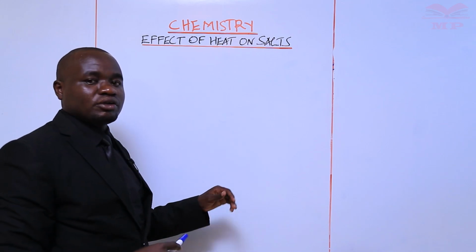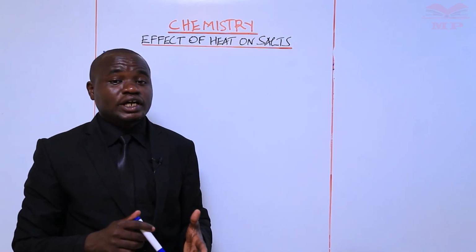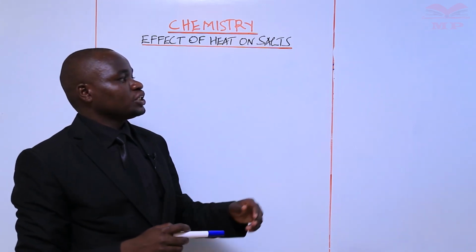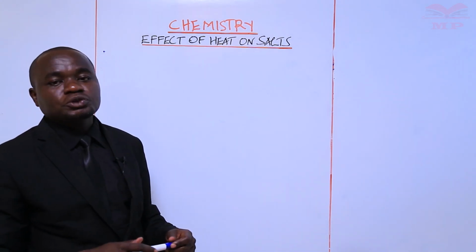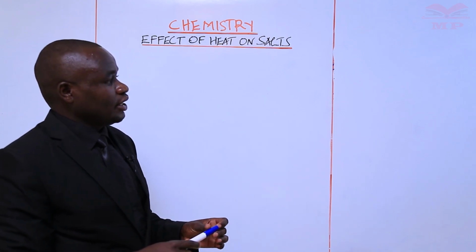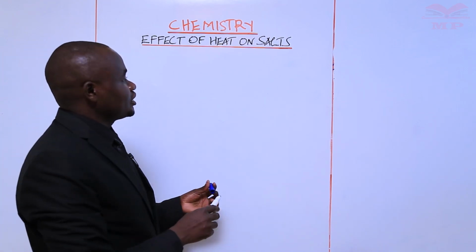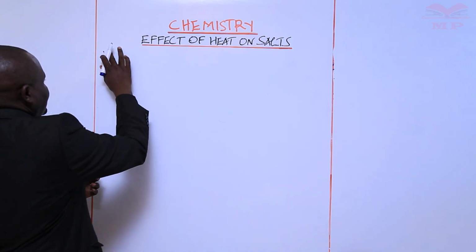Those which are in the middle will give you the corresponding metal oxide, nitrogen oxide, and oxygen. Those which are least reactive will give you the corresponding metal and nitrogen oxide and oxygen.